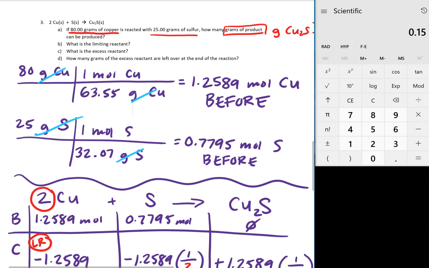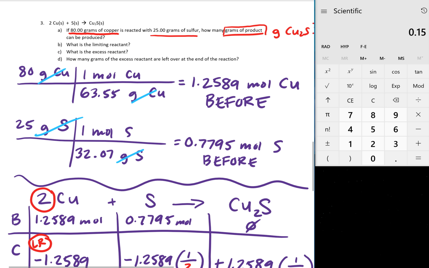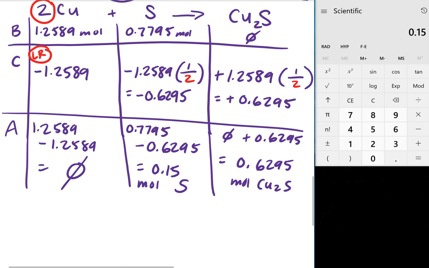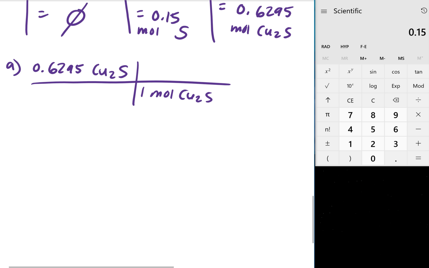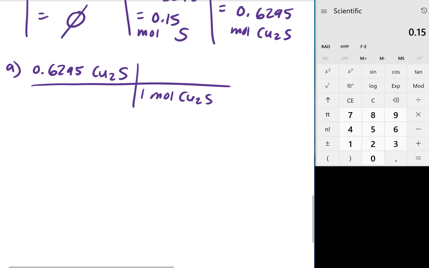So in part A, how many grams of product copper sulfide are produced? Look at your BCA table. Your BCA table tells you 0.6295 moles of copper sulfide are produced. So I'm going to take the mole value of copper sulfide and convert that into grams using the molar mass of copper sulfide.